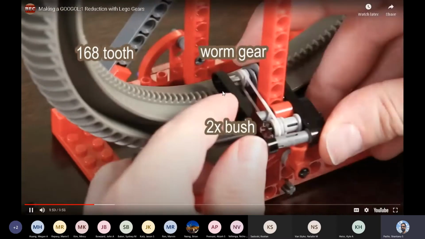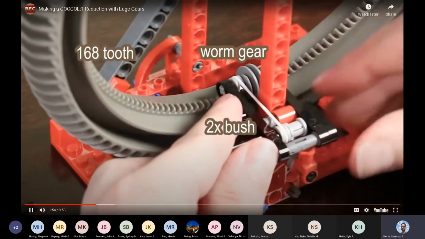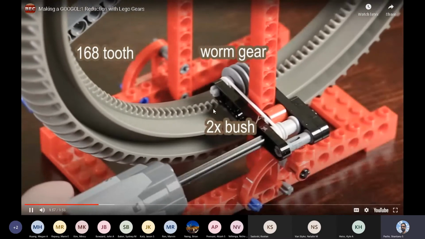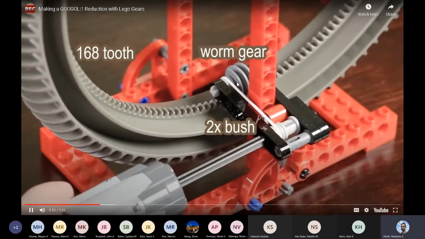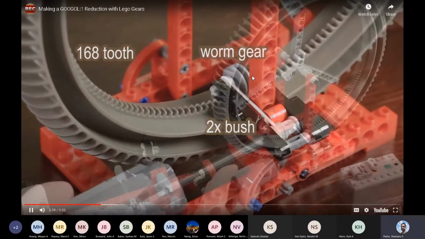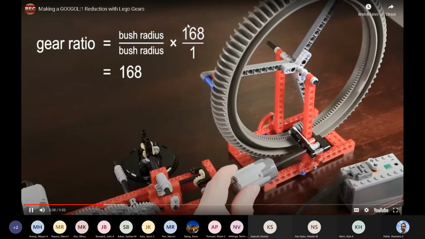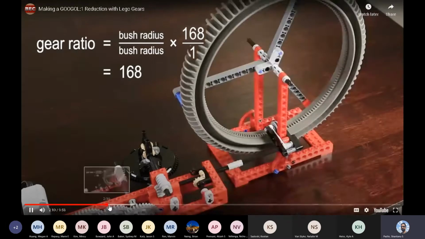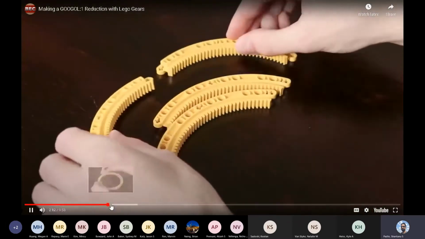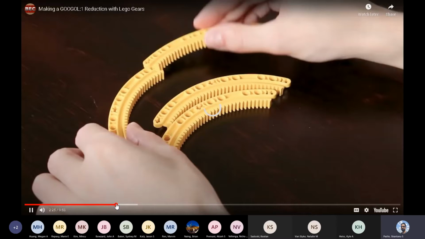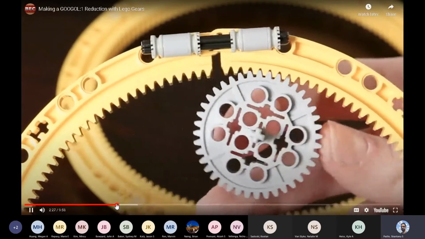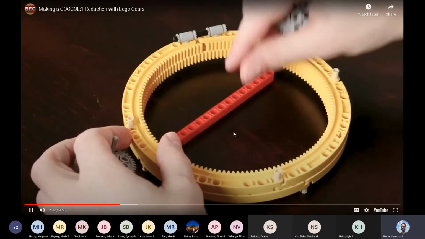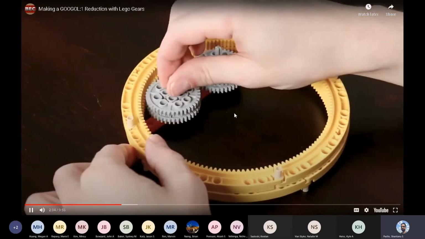So here we have a worm gear that's connecting on the inside. You can apply the power of the worm gear and it's a ratio of 168. Cool. Yeah, and there's a slight gap, but the teeth can still match anyway, so it doesn't make much of a difference.